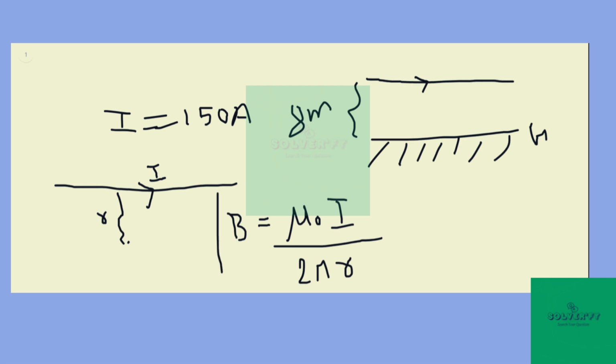So this is the formula for the magnetic field because of a straight current carrying conductor at a distance r from the conductor.